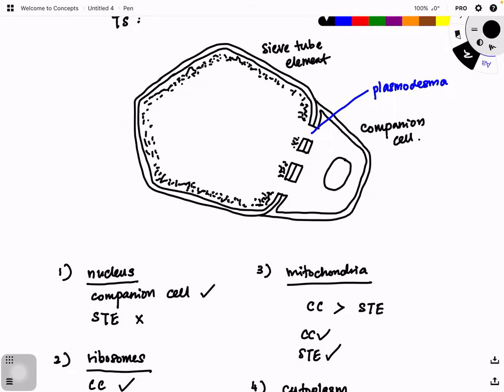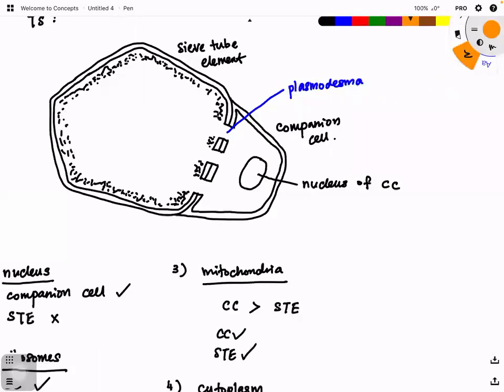So what is the role of companion cells? This is the nucleus of the companion cell. Basically, companion cells are involved in the active loading of assimilate.